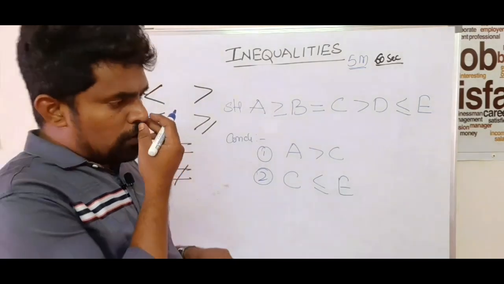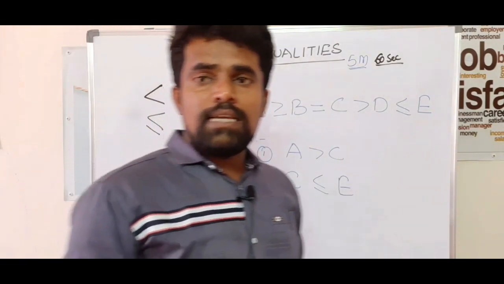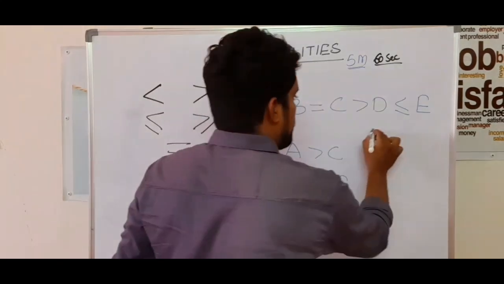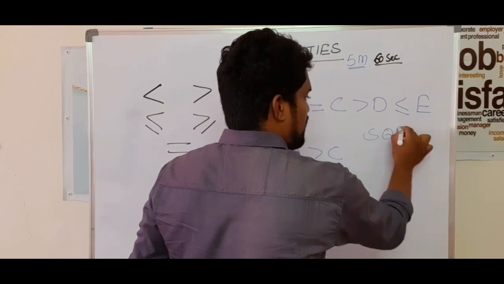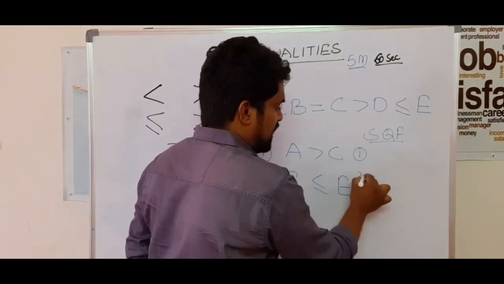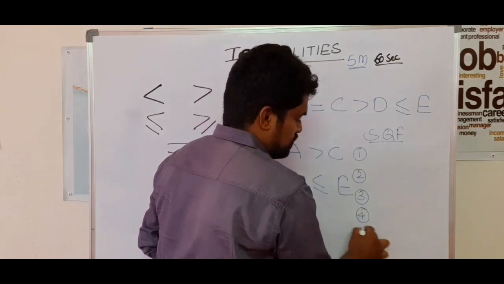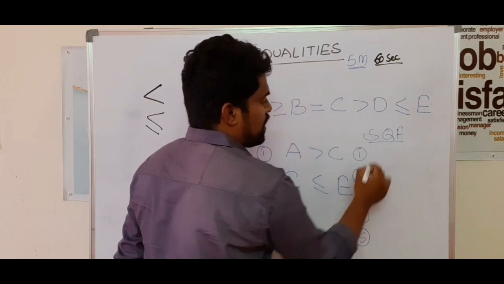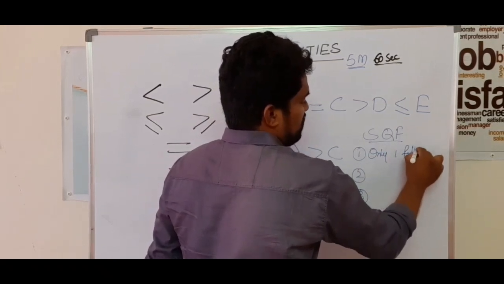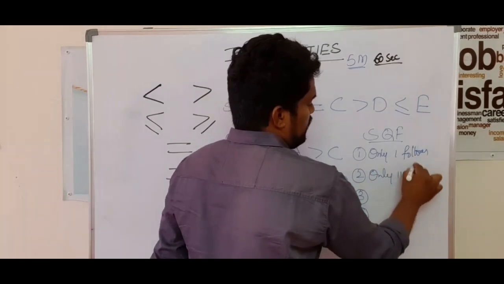Before going to this, we have to know the SQF. In reasoning, we have a standard question format. In the standard question format, we have 5 options, guys. So this is very, very important. Option number 1, only 1 follows. Option number 2, only 2 follows.